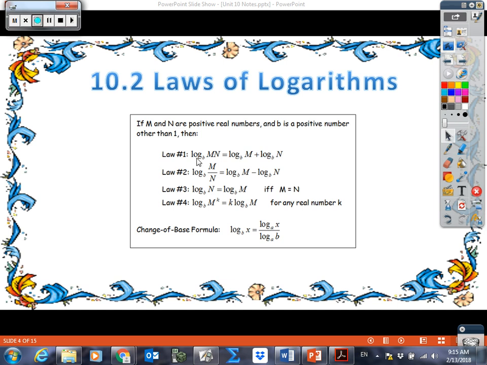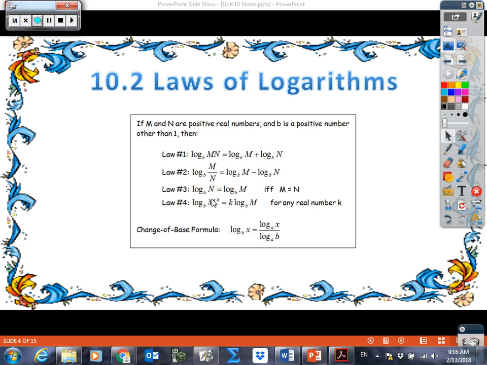So the first law is, notice we have a product in our argument. We are allowed to expand this and say log base b of m plus log base b of n. You may remember that from last year. So if you have a product in the argument, you would use addition to expand. If you have a quotient in the argument, then you would use subtraction to expand. We remember that, hopefully.